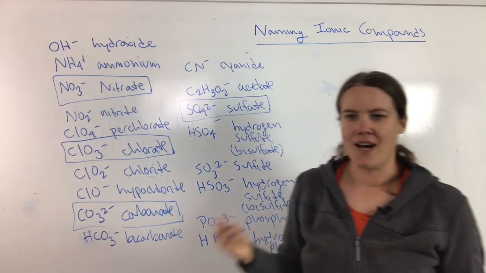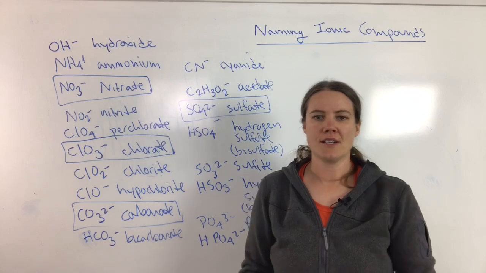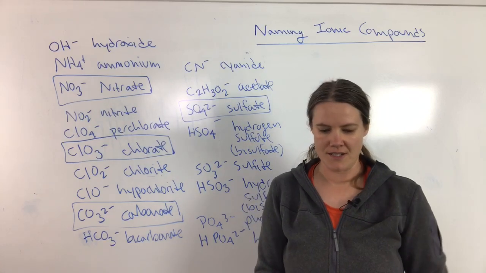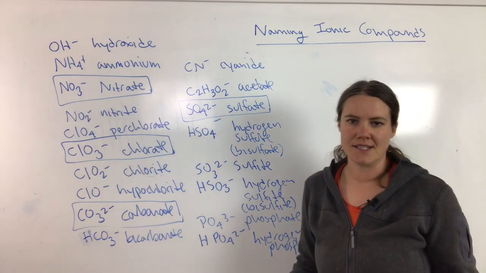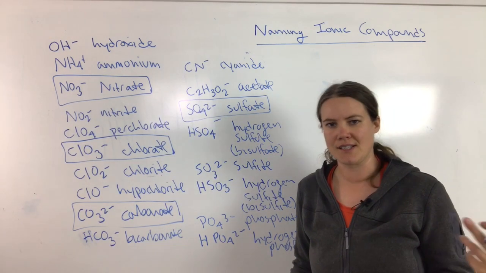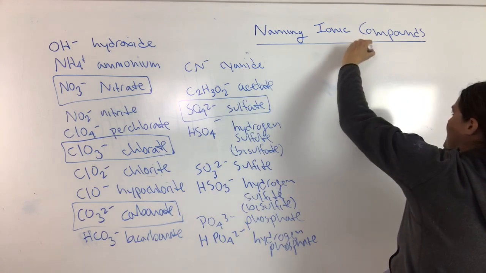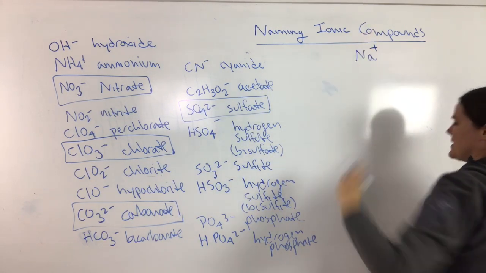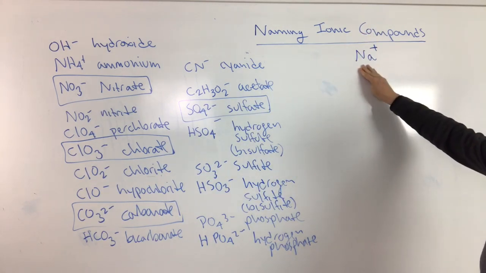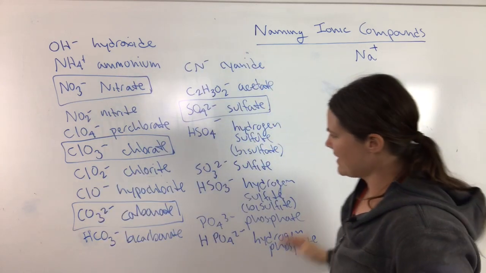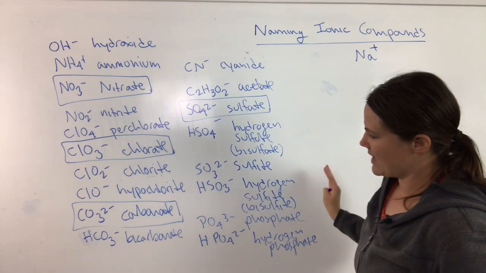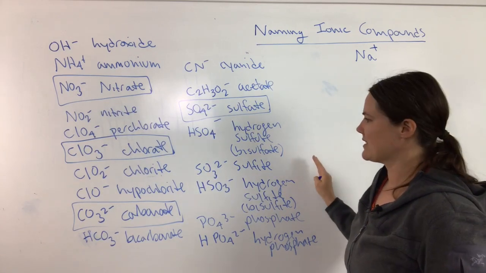What I've talked about are how to name ionic compounds when you have monoatomic ions. So what that means is you have an ion that's made from a single element. So for instance, Na+ would be a monoatomic ion. So I have a list here of a lot of the polyatomic ions that can form.